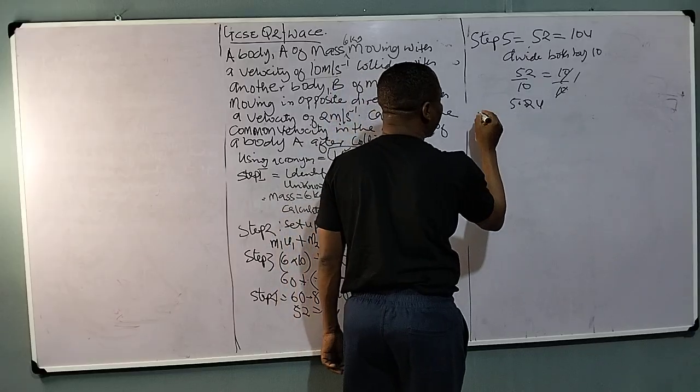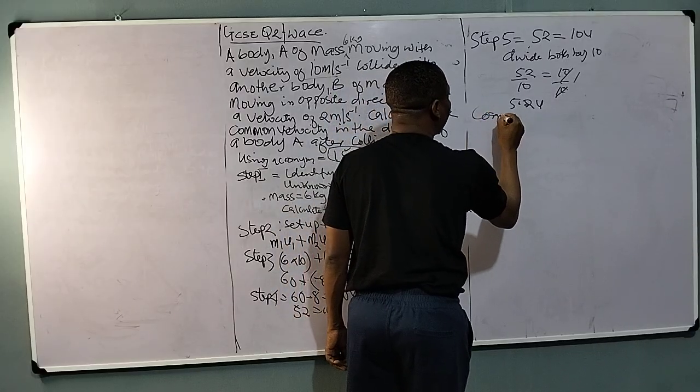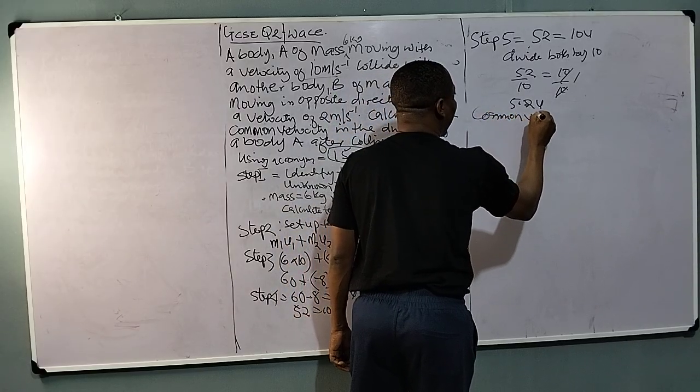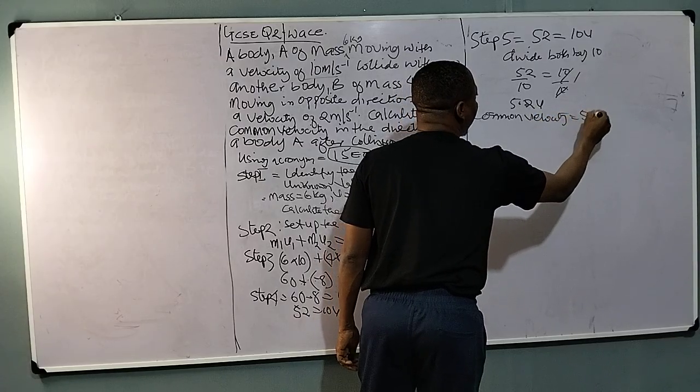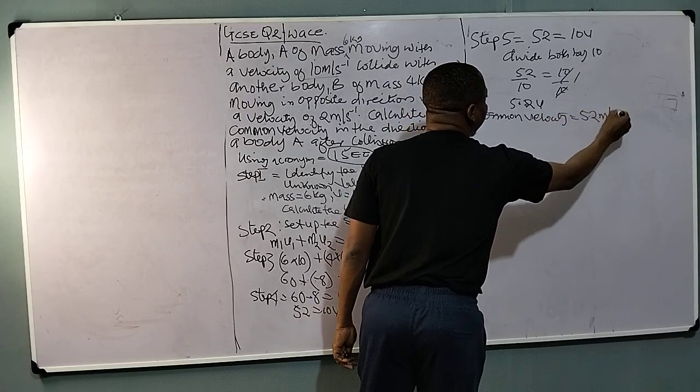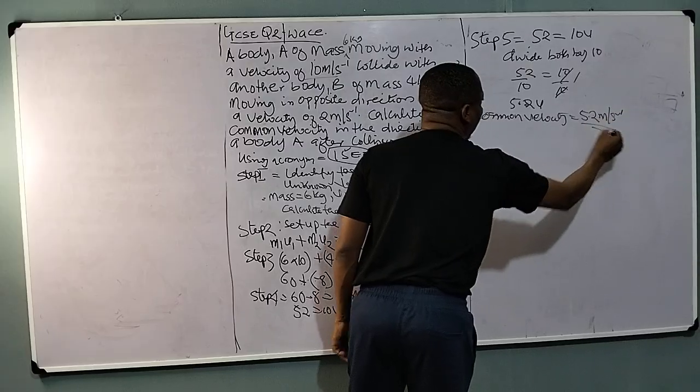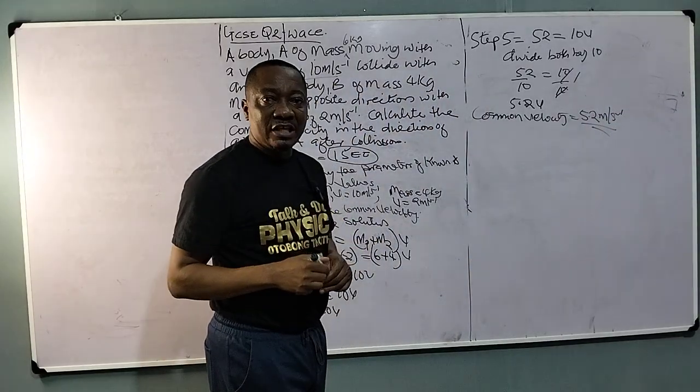That's the common velocity. Now the common velocity equals 5.2 meters per second. That is the common velocity after the impact.